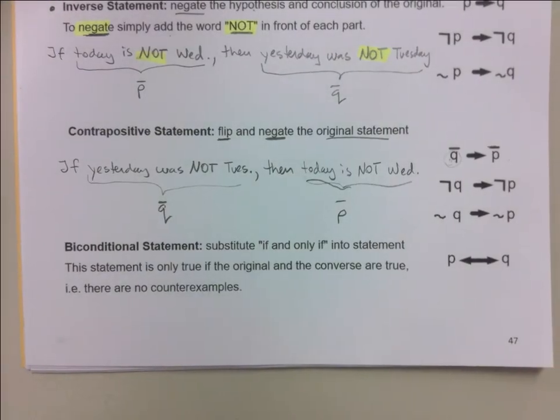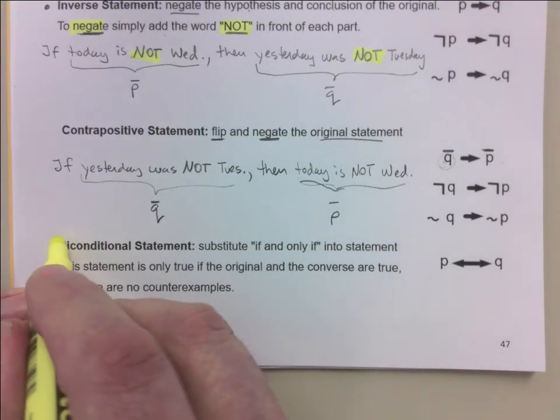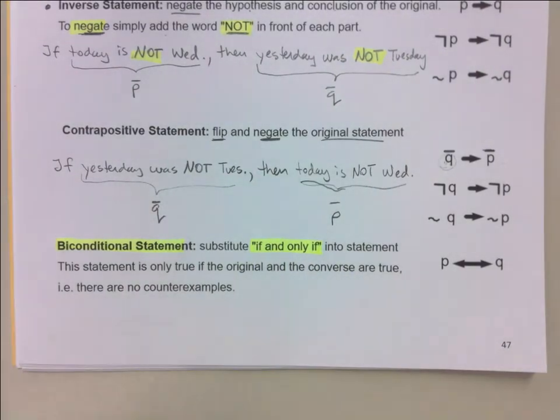And last but not least is your biconditional. Biconditional, we substitute if and only if. So if the province says grade 12 applied students are really happy when there's no test, that's the statement the province says.